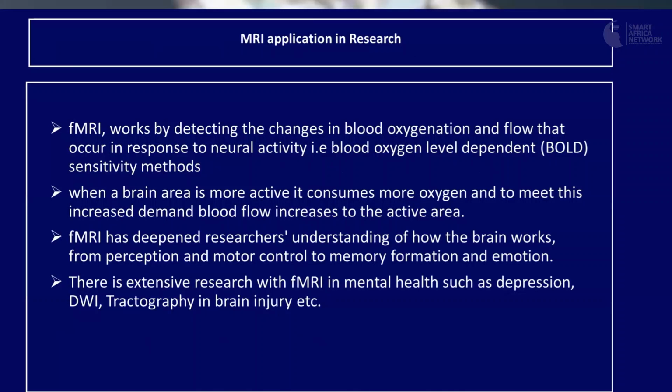In research, MRI has formed a lot of base for research of different pathologies. Functional MRI, especially, has been used in mental health field for research in depression and schizophrenia and other mental health pathologies. Diffusion-weighted imaging, tractography has been extensively used in traumatic brain injury.